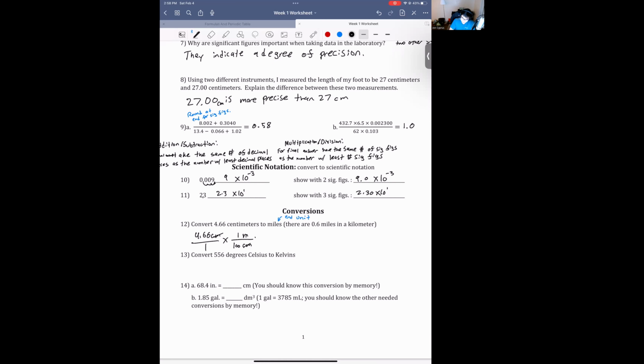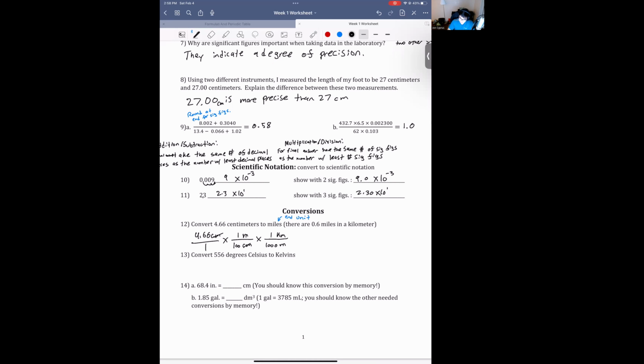The centimeters cancel out. Now I want to go from meters to kilometers, because I'm going to want to convert kilometers to miles. So I know that there's 1,000 meters in 1 kilometer, right? Another way you could write this is 10 to the negative 3 kilometers in 1 meter.